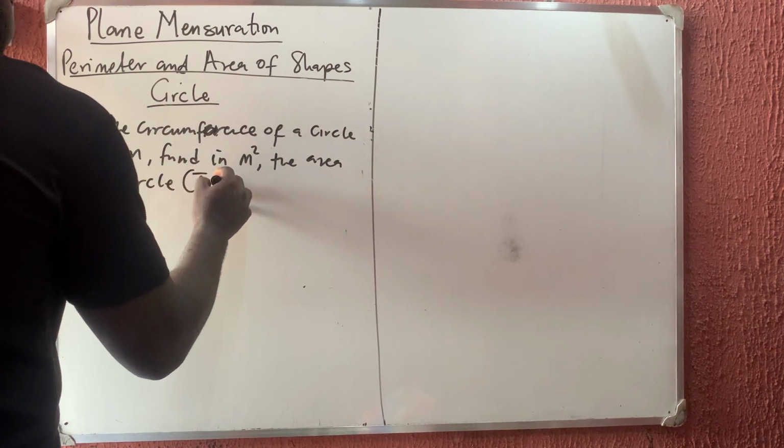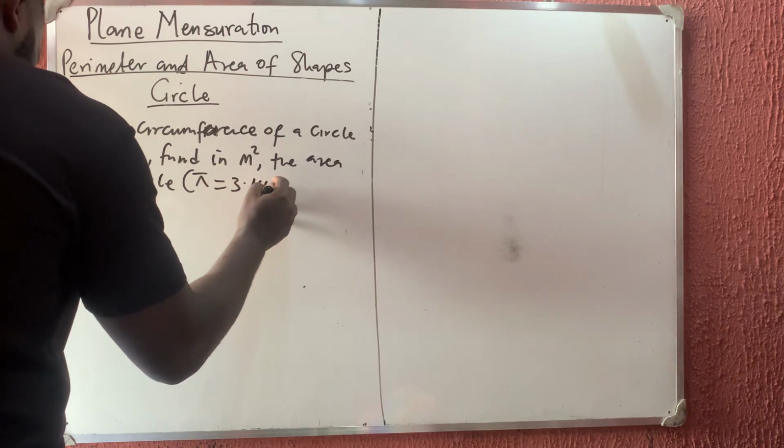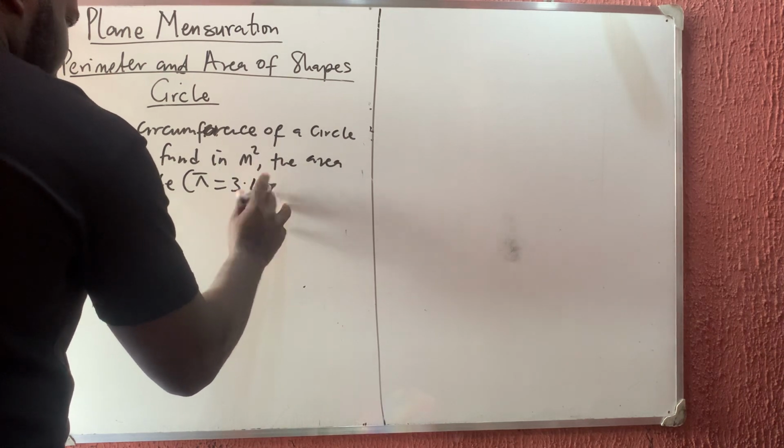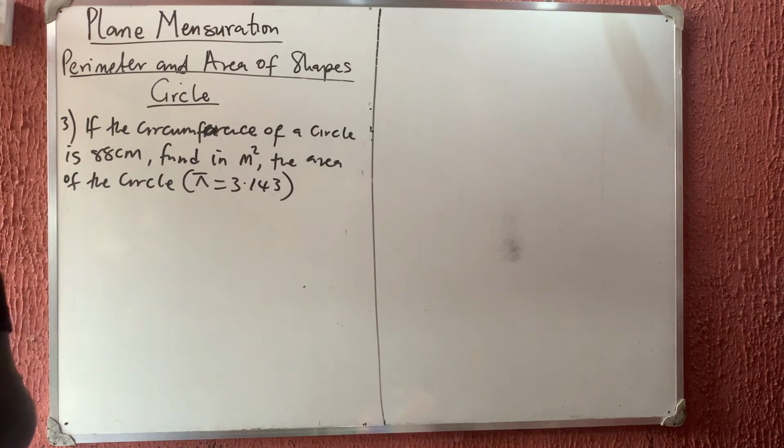Then I say we should take pi as 3.142. Okay, that's what they say we should take pi as.